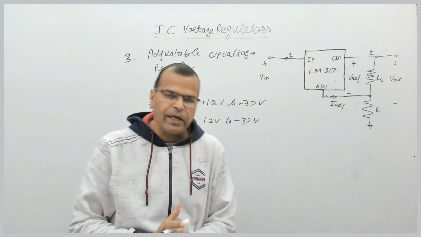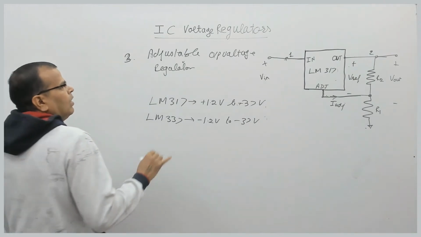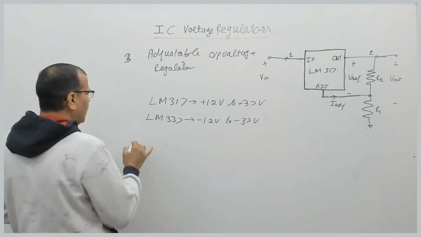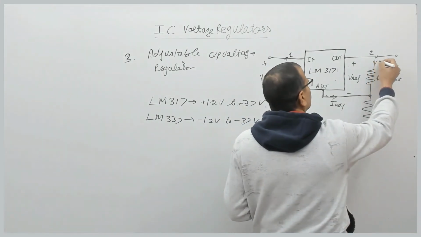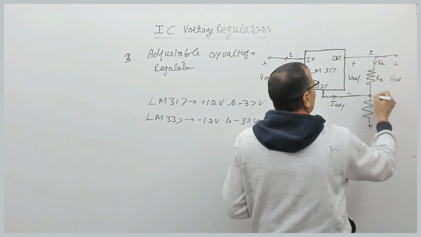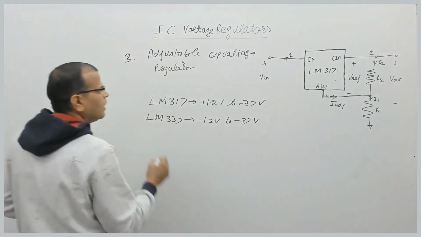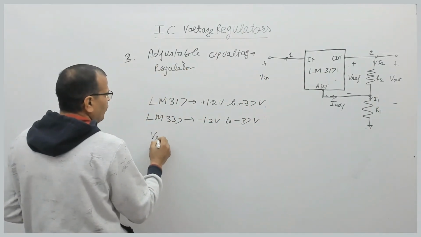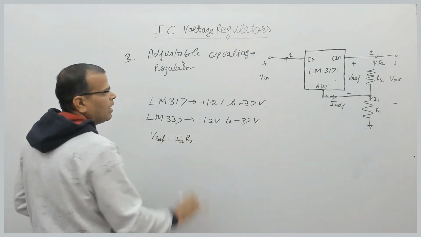Please remember that, right? Fine. Now let us see how to find output voltage. First of all, what is the current through resistance R2? Say this is I2, and the current through resistance R1 is suppose I1. So what is Vref? Vref is equal to I2 multiplied by R2.